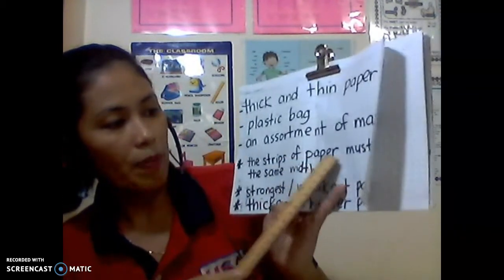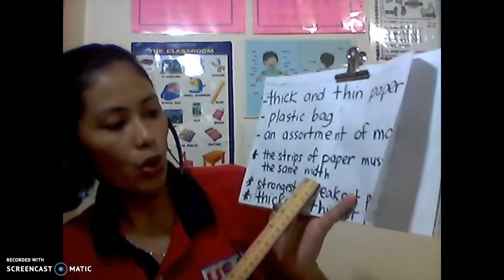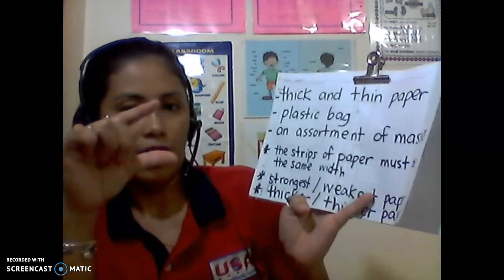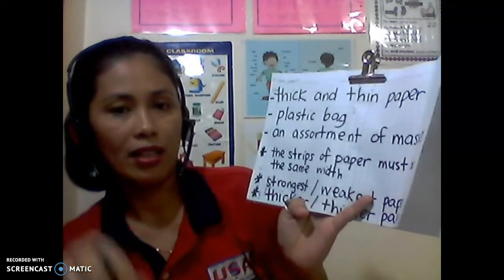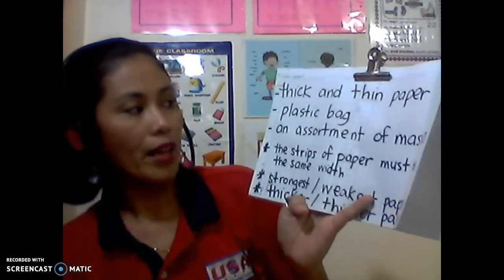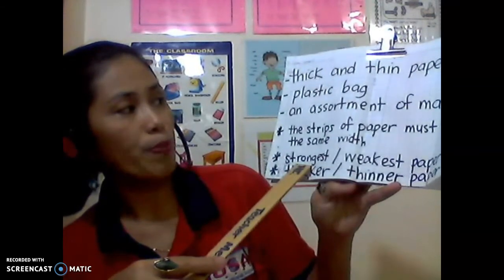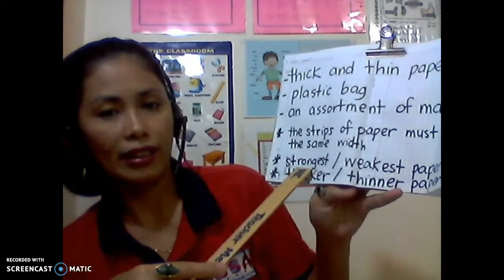The strips of paper must be the same width, how big it is, right? The only thing that makes them different is that one is thick, the other is thin. What you're going to identify is which paper is the strongest.